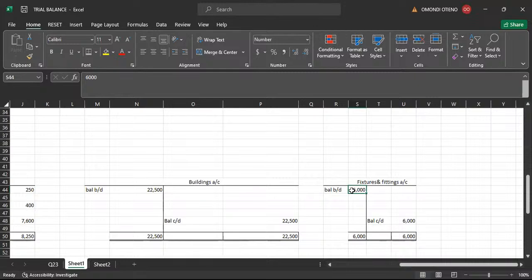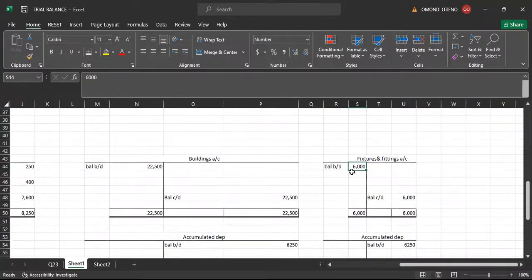So our balance brought down in this account, the net book value of this asset, should be 6,000 minus 1,400. So that's the balance brought down in this asset account. So we maintain it at cost maybe at that point.